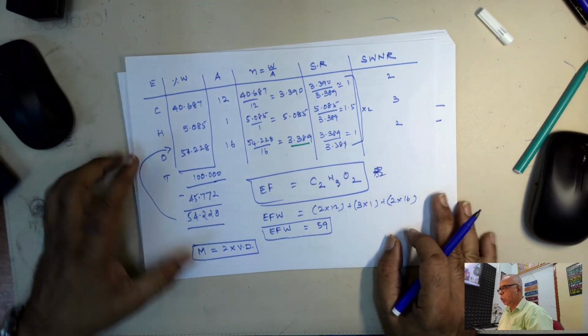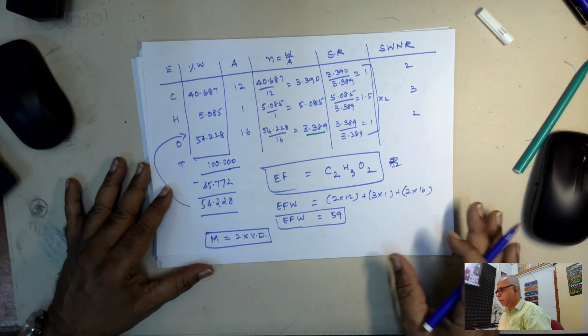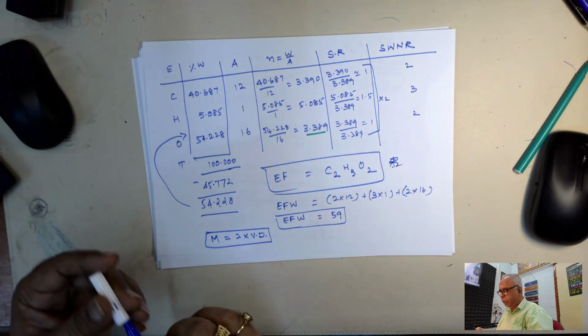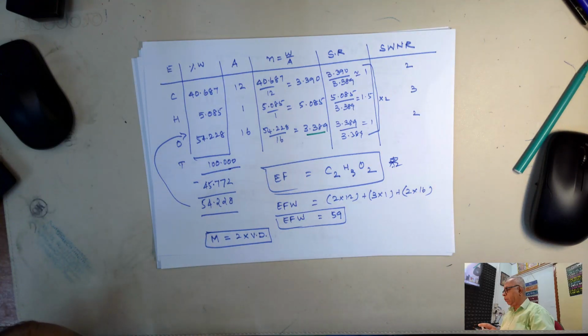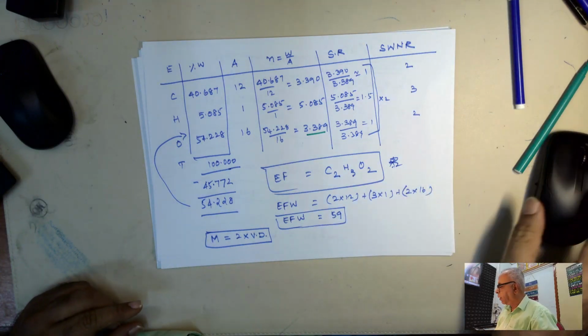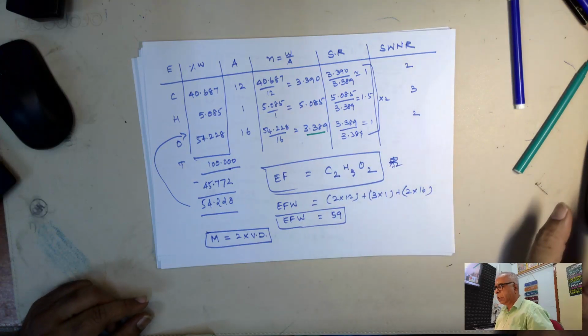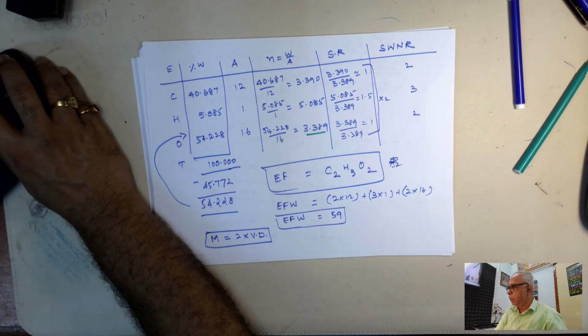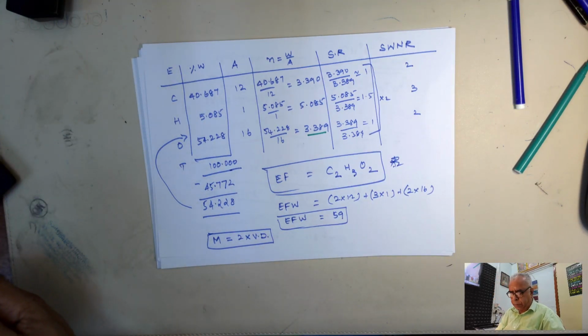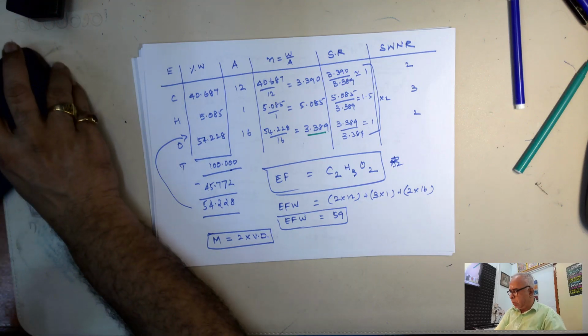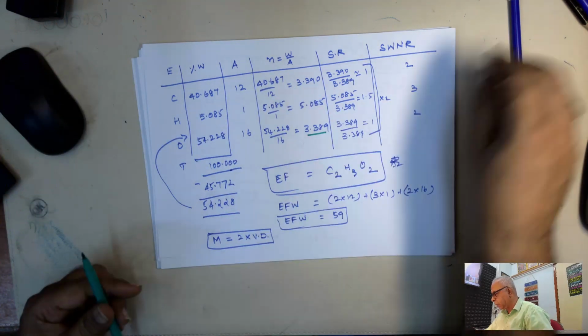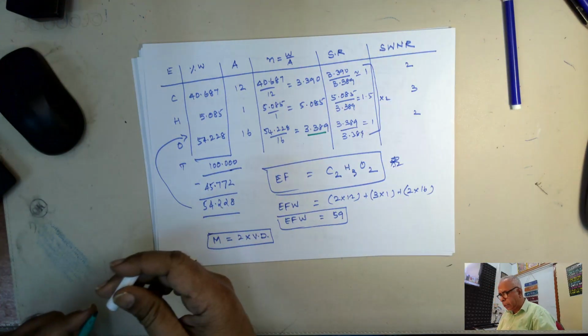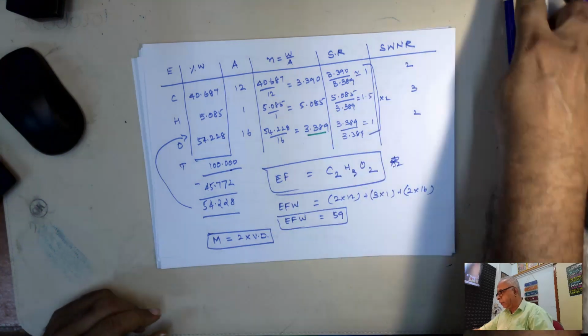So this is a very interesting study in determining the empirical formula based on the percentage of carbon, hydrogen, and oxygen. Sometimes they give the oxygen percentage, sometimes they may not. In that case, you can take the remaining value.